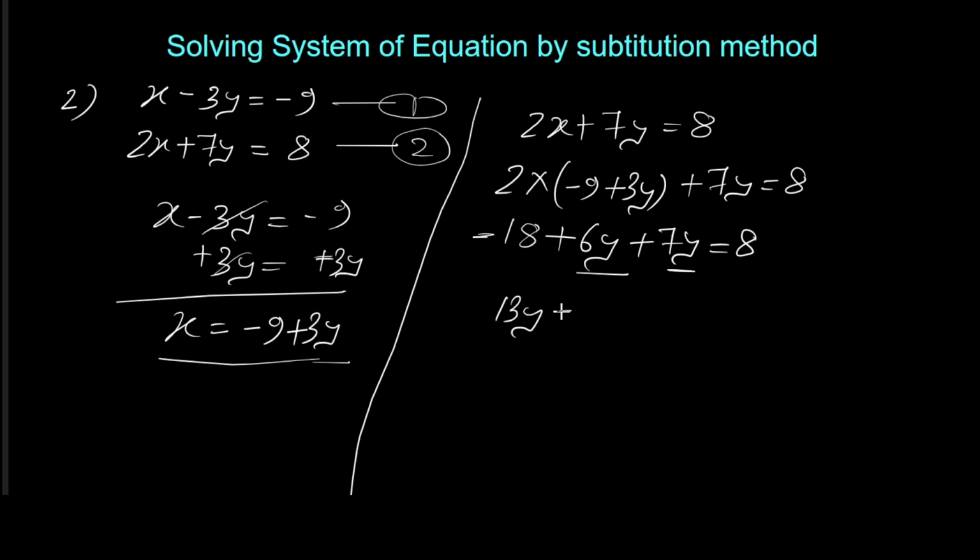So 13y minus 18 equals 8. To undo this negative 18, let's add 18 to both sides of the equation. So this 18 and this 18 will cancel out. So 13y equals 8 plus 18, which gives us 26.